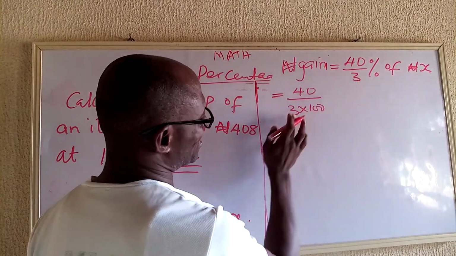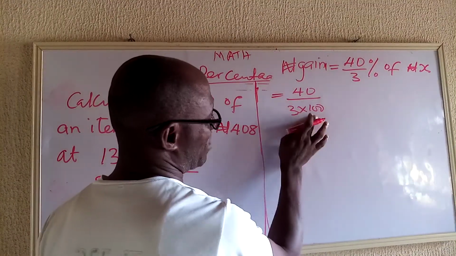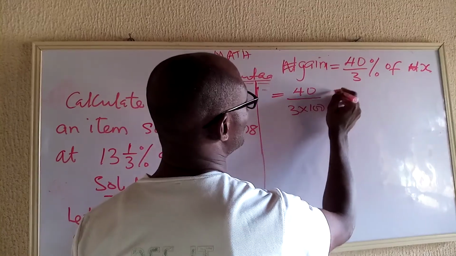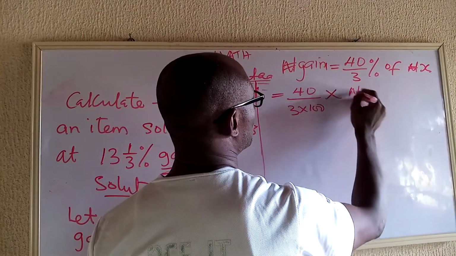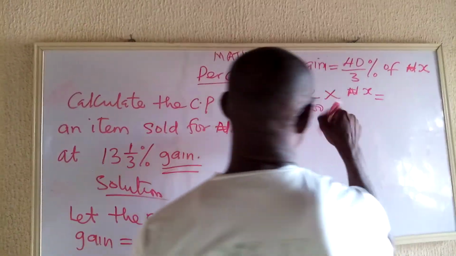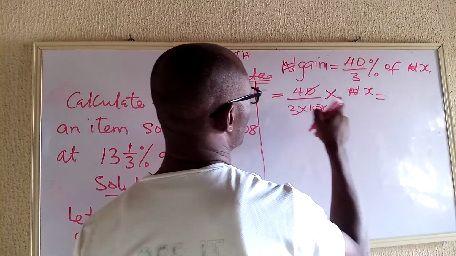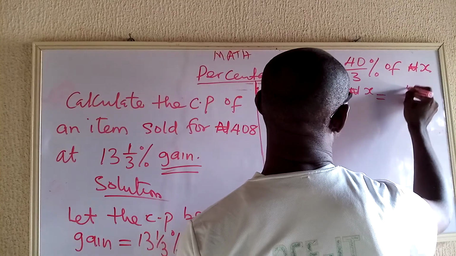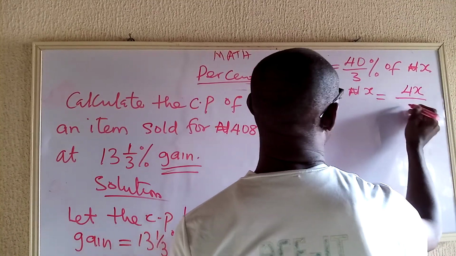But because this 3 is there before, this 100 will come and multiply it. So take note of that. Times X naira. And that will give us, 0 cancels 0, 4X over 30.